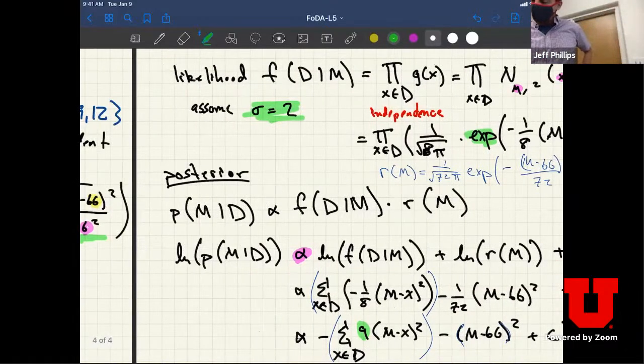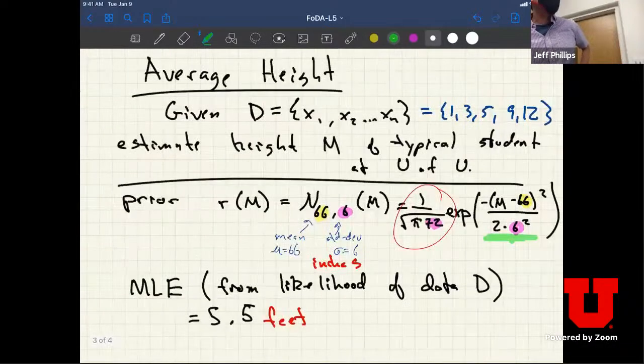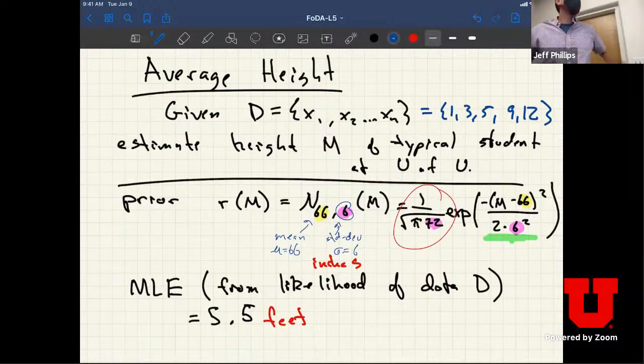And the 72 came from this 6, the standard deviation here. And I said, well, that's the average variation among people. Well, these are not quite the same things. This is maybe not the right way to set the prior. I'm trying to estimate, as you pointed out earlier, the average height, not a distribution over the heights.